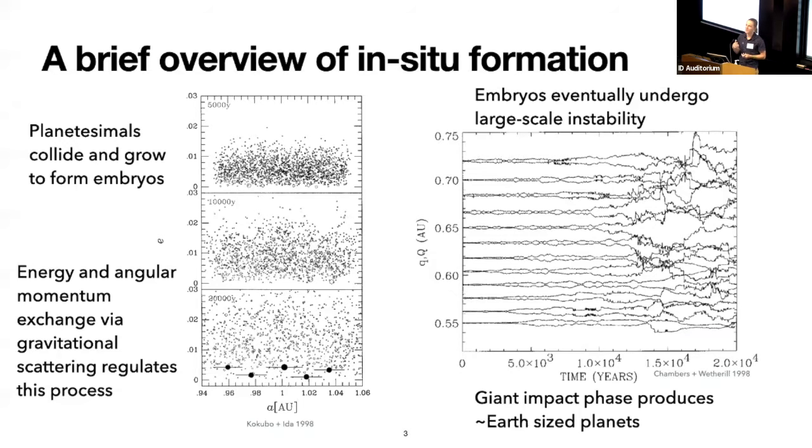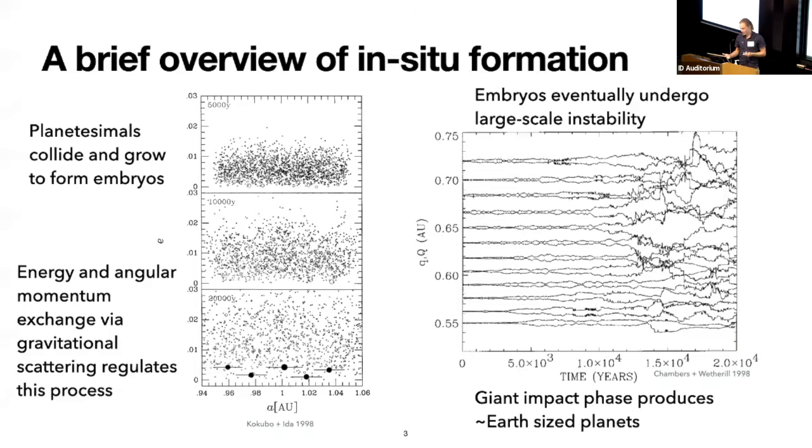As this happens, you get an exchange of energy and angular momentum. You might expect that everything just coalesces into a few large bodies. This turns out to not be the case. You end up with a bimodal distribution of mass, where you get a few large bodies we call embryos or oligarchs. And you have a residual planetesimal population that gets heated up dynamically by the oligarchs as they grow.